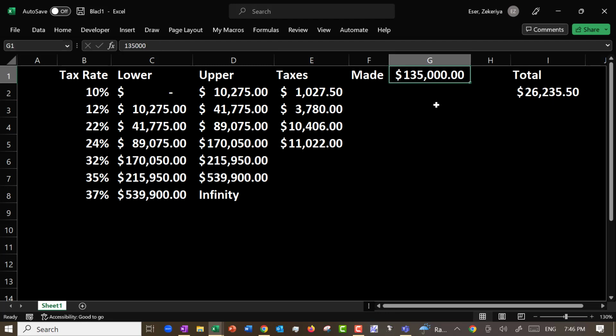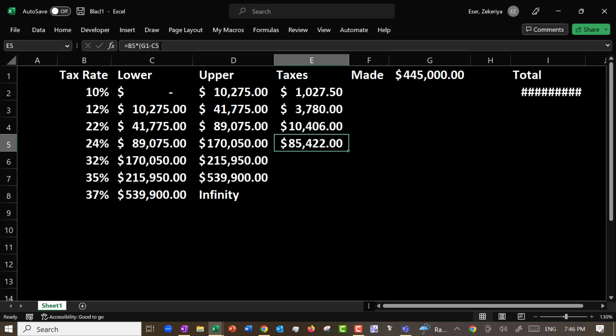If you made 445,000, it's gonna be the same, but now you're in this bracket.